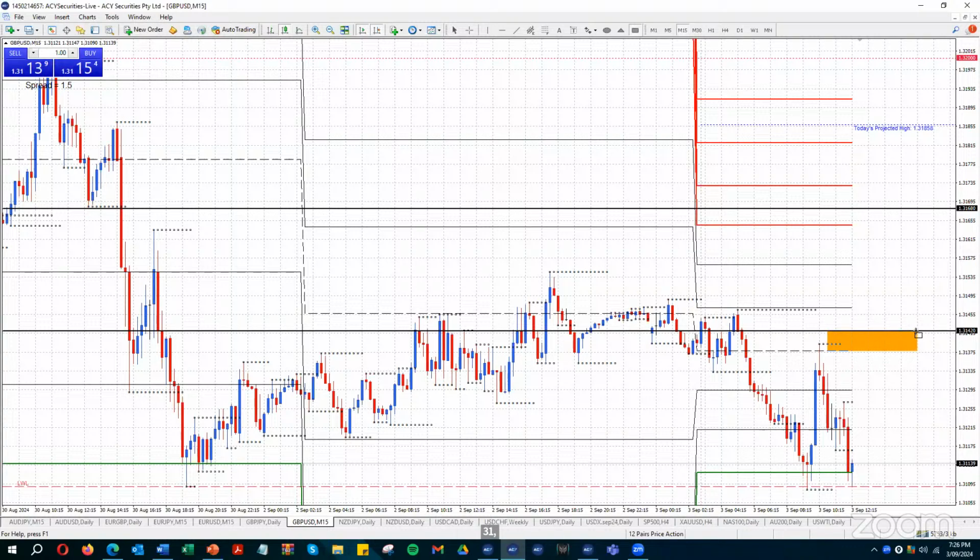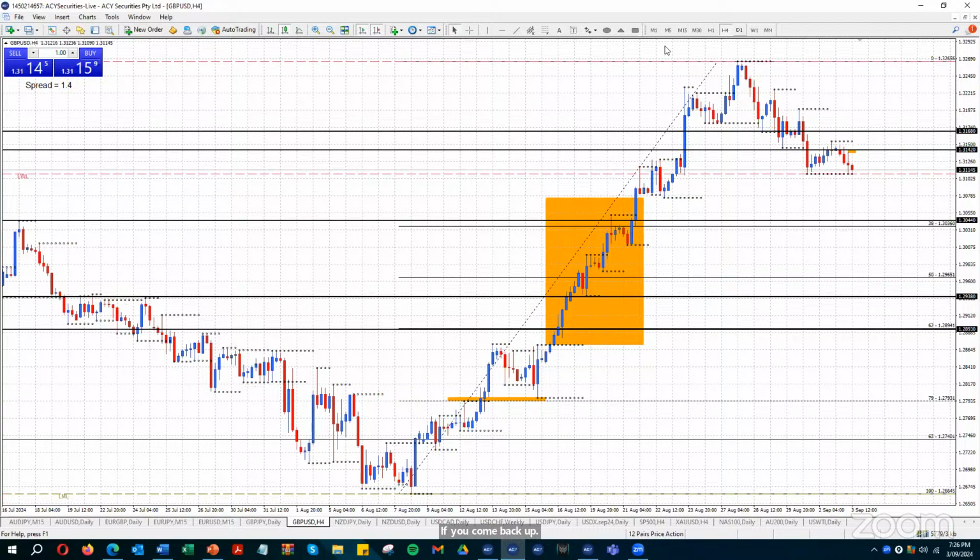That would be the area I would watch to be a seller if you come back up. But I suspect we might not. And you really want to be dragging a fib down this way as we break below the low and look to sell the next rally, okay?